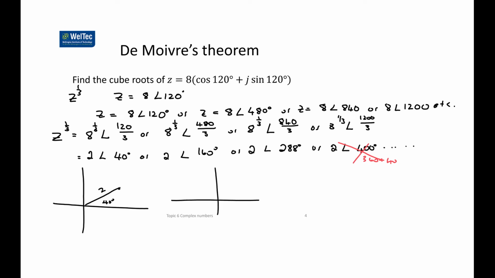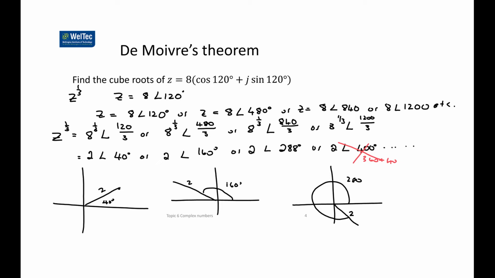The next cube root would be 160 degrees, and that's the length of 2. And the third root would be 280 degrees and a length of 2. And the fourth one is back to being the same as the first one.